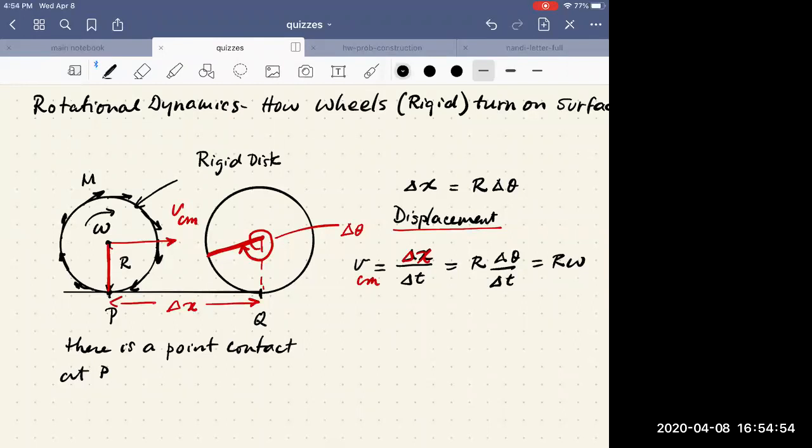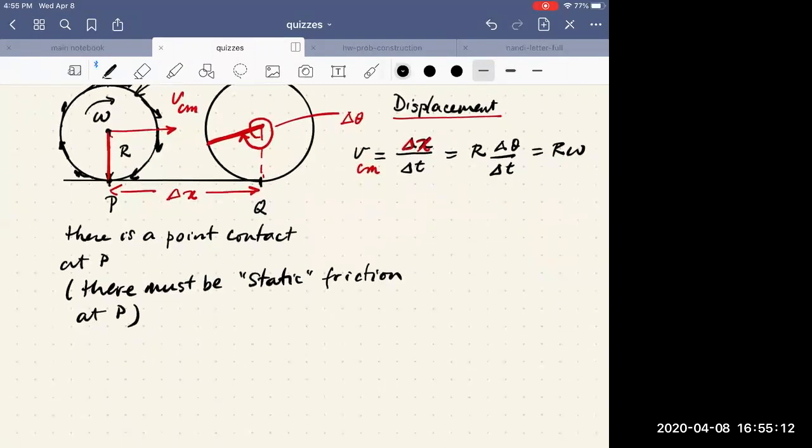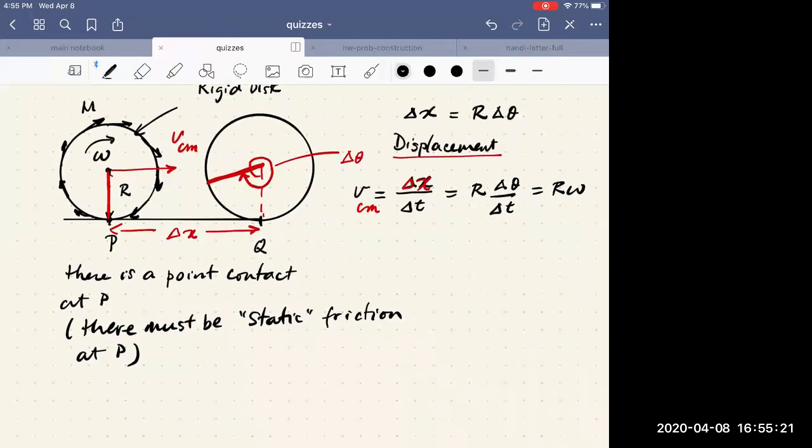Now, for you to have a point contact, there must be static friction at P. If there is no static friction at P, then the wheel will not be able to have this no slipping contact at all.